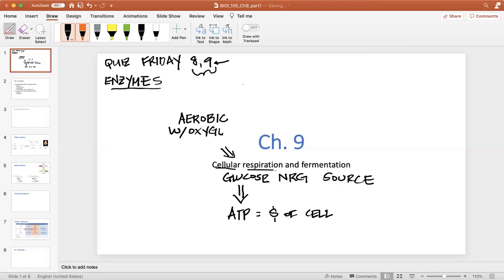So cellular respiration is the action of turning glucose into ATP with oxygen hanging around. And the importance of this oxygen is it allows us to get a lot of ATP from glucose.